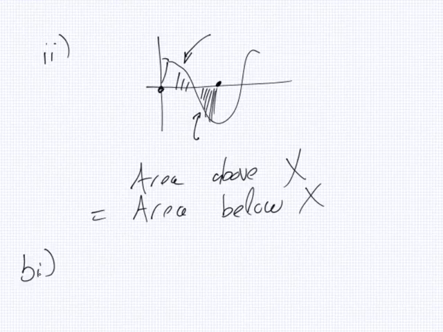B part 1 here. Okay, scroll down. What have we got here?